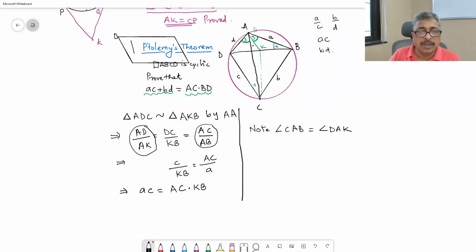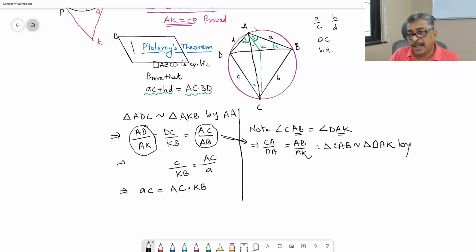These two ratios are equal, which implies CA upon DA is equal to AB upon AK. And therefore, triangle CAB is similar to triangle DAK by SAS.